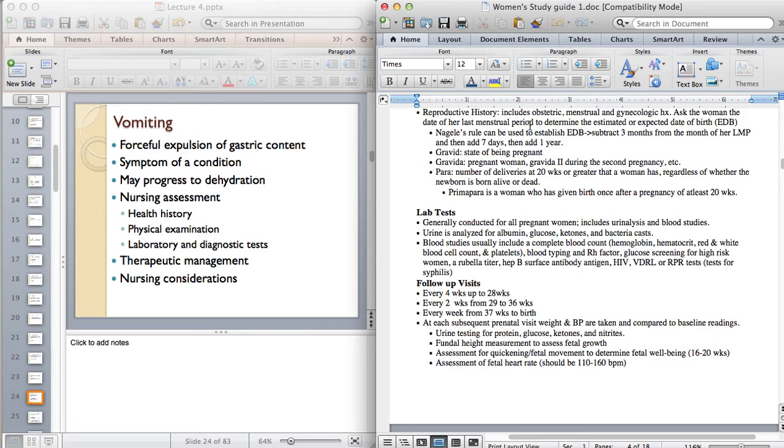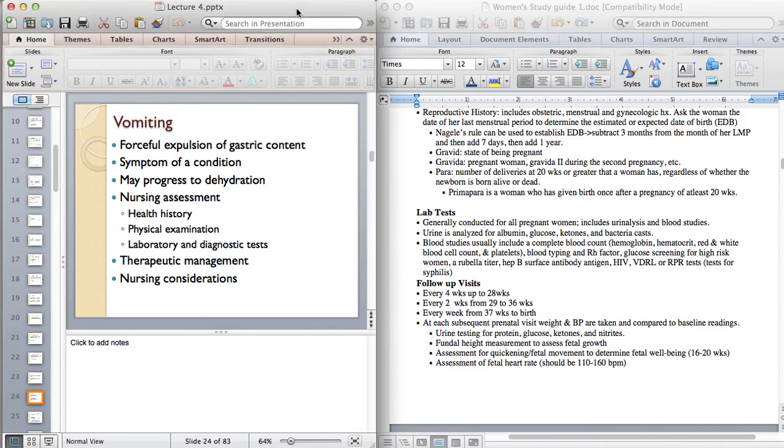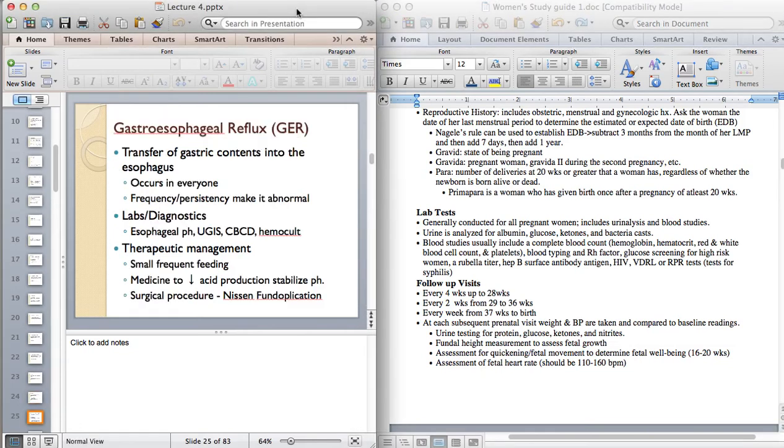Now, moving on to some that is part of immaturity and also could be some problem, and that would be gastroesophageal reflux.